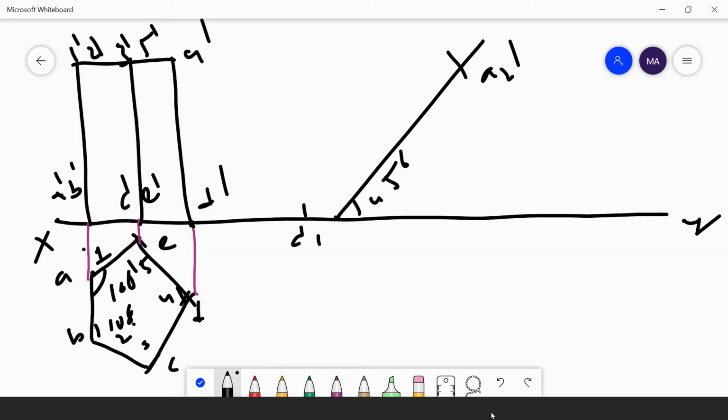You can do it either of two ways. You can take the compass, measure the radius from D dash to A dash, draw an arc, then measure from A dash to 4 dash.